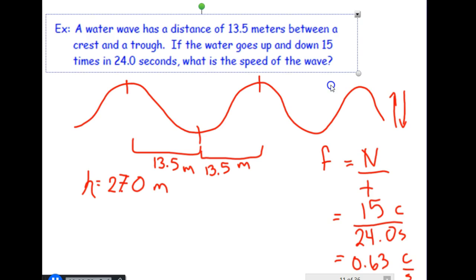So you do not actually get a complete wave in 1 second. But the question is asking for how fast is that wave coming in? Do you want to use this one, or this one?